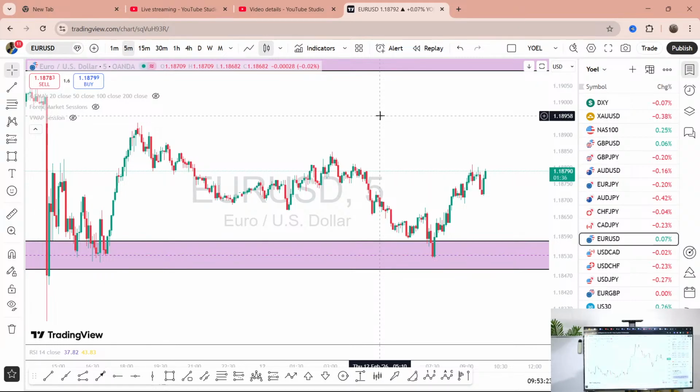So GBP USD is doing something similar to that of Euro USD. Most of the time they do similar things because they are like brother and sister. So we mark our key zones.